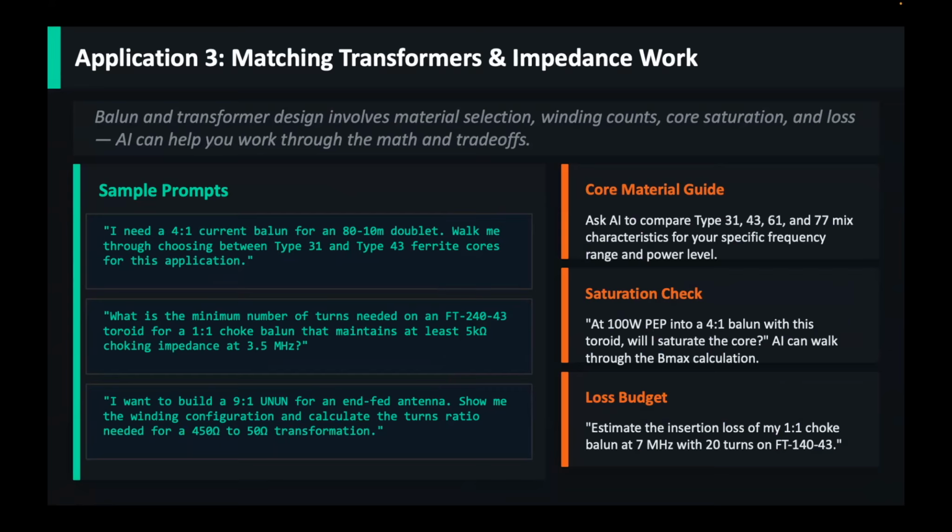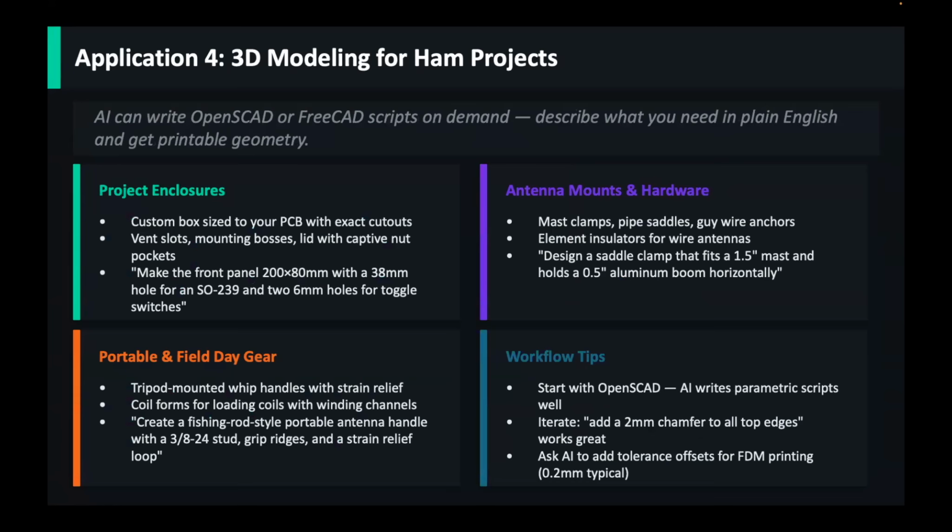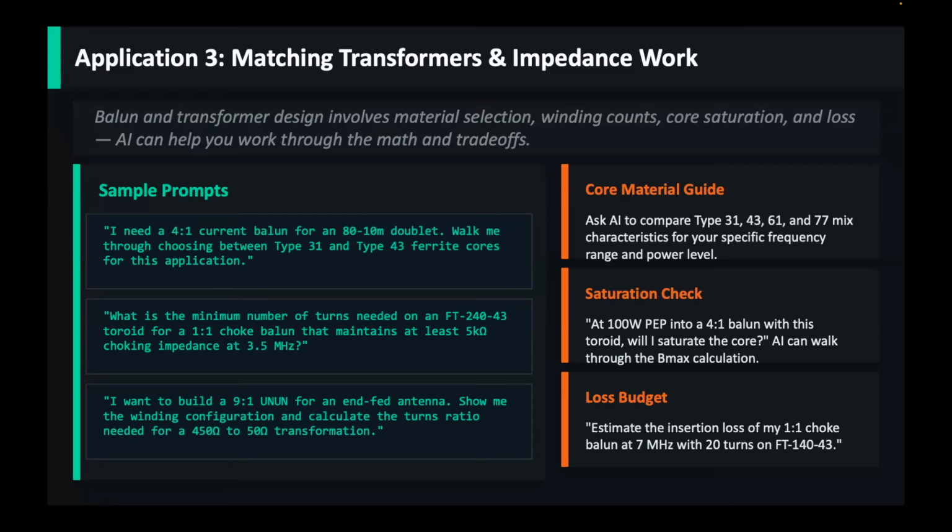And again, I'm not going to read all these, because they're mainly just to give you some ideas. Loss budget, that's kind of a fun one. Saturation check. Probably most of the common models will do that for you.